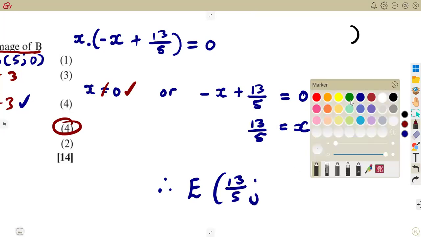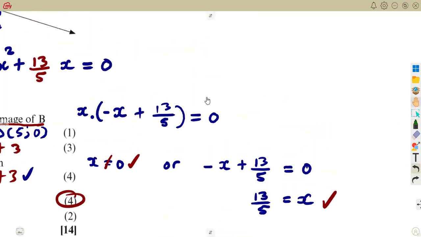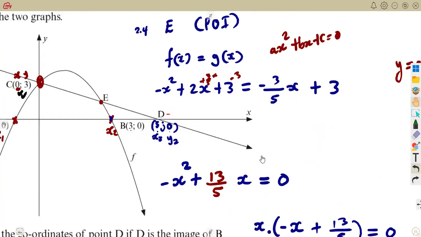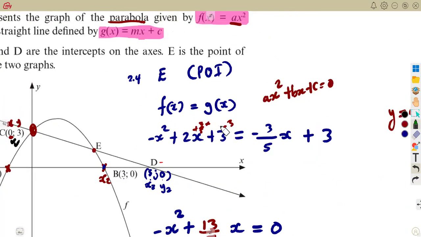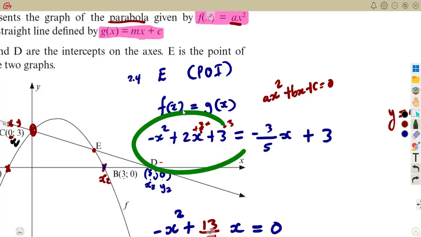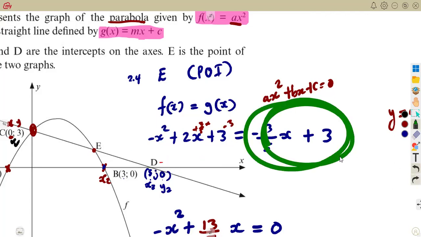Remember, you will find the y value by substituting this x value in any of the equations. Is it on the original here? Because these two functions are equal. You can substitute in g of x, you can substitute in f of x. This is our f of x, this one. Or you can substitute here in what?